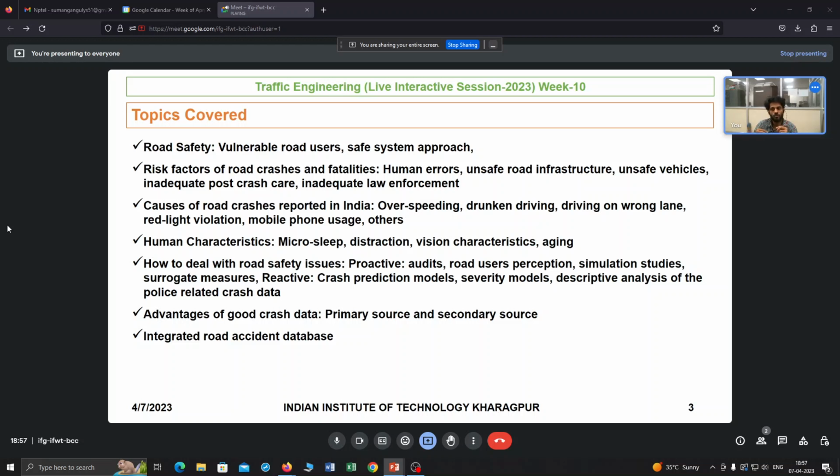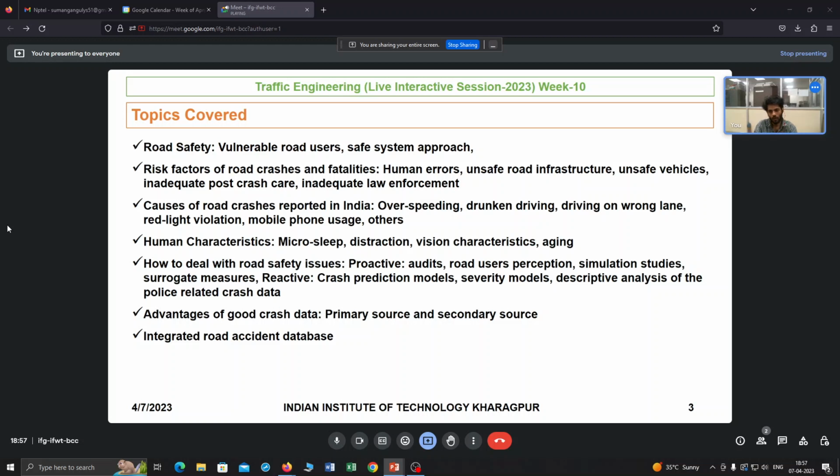You have to place proper speed limits, and even after that, if vehicles are overspeeding, you have to have some kind of enforcement so that overspeeding does not happen, and then your overall road accidents will be reduced.